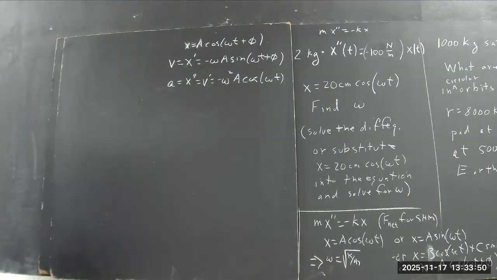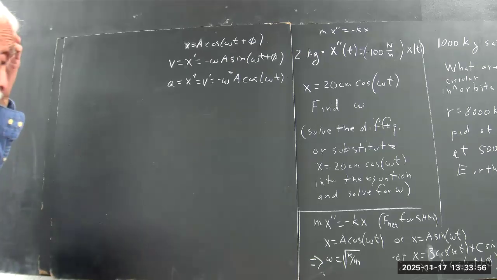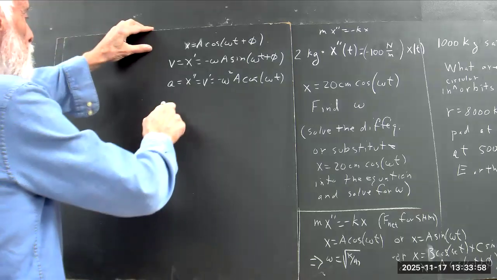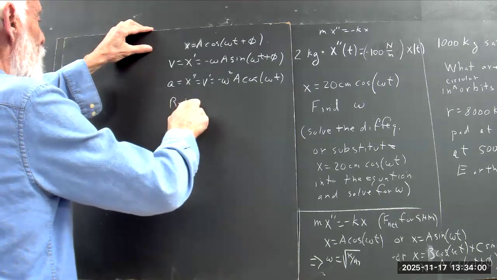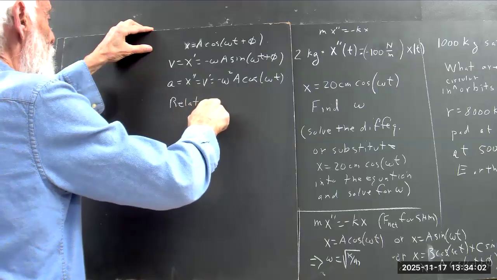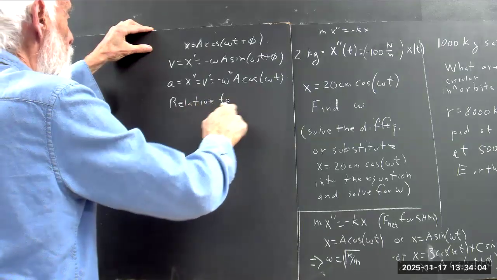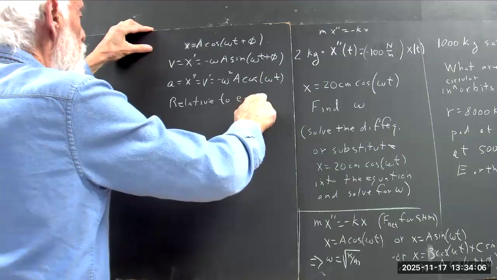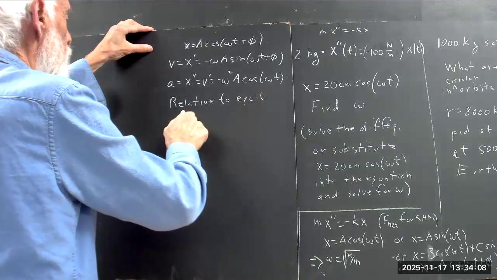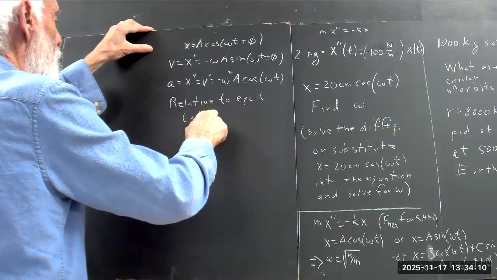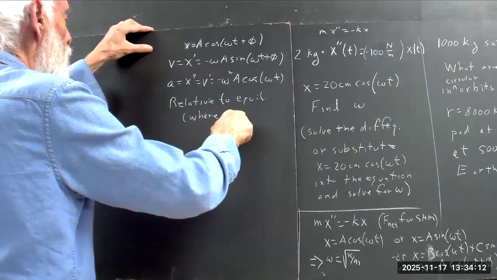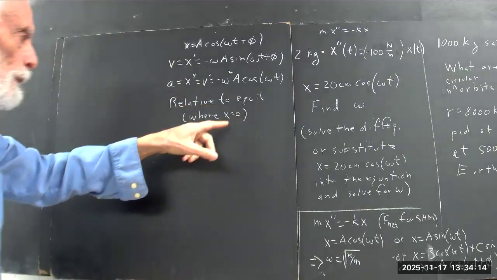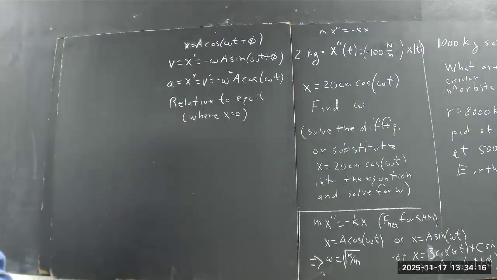There are your equations of motion. And then energy. Relative to equilibrium, equilibrium is where x equals zero.